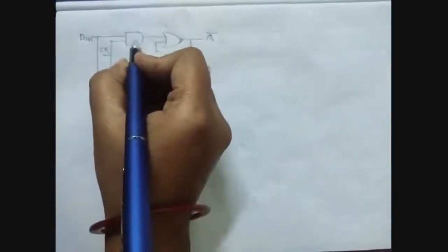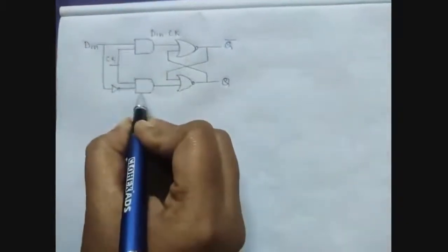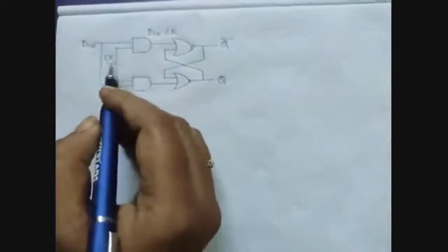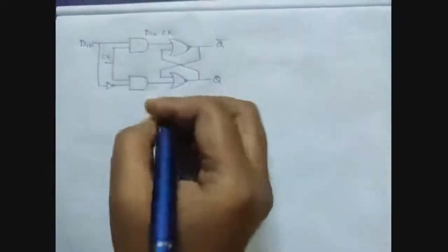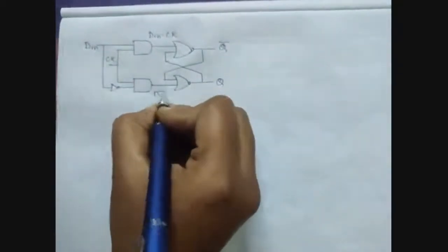To this AND gate two inputs are given, one is D in, another one is CK. So at the output we get D in into CK. Then to this AND gate we give two inputs, one is CK and the other is inverted D in. So at the output of this AND gate we get D in bar into CK.